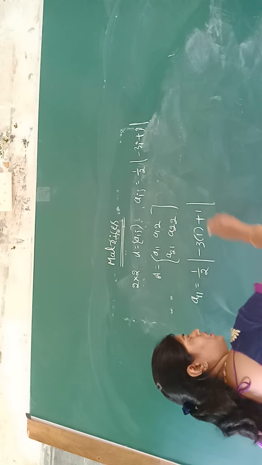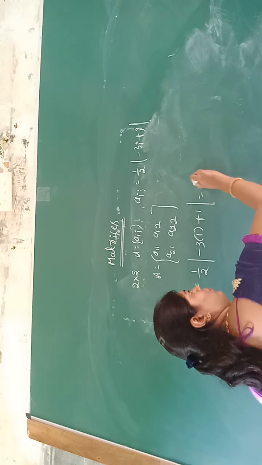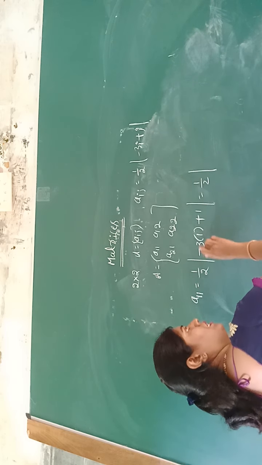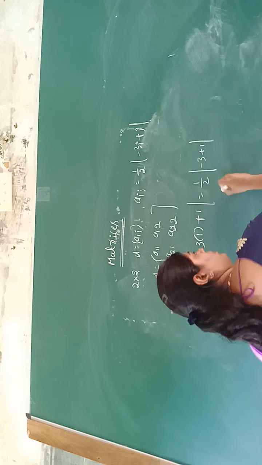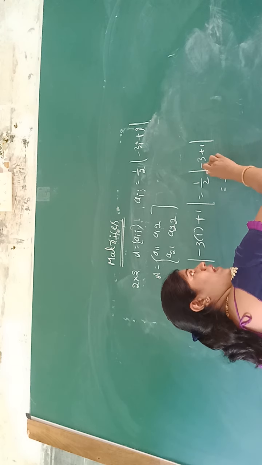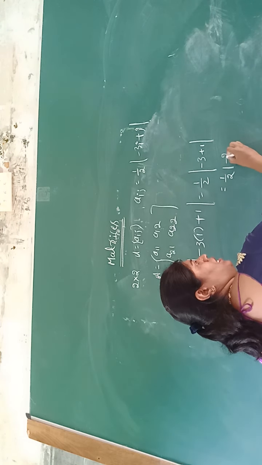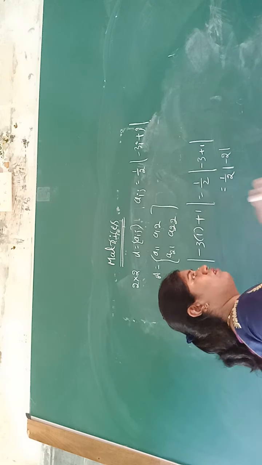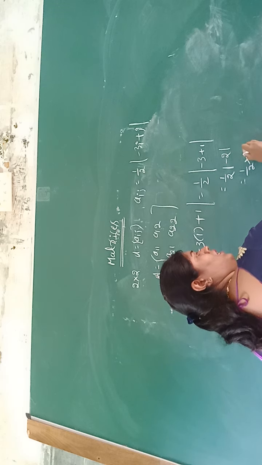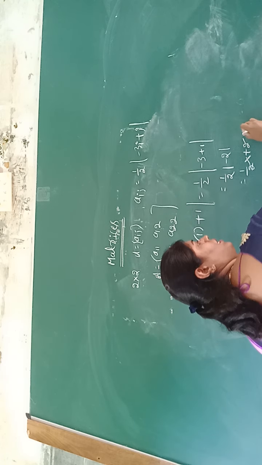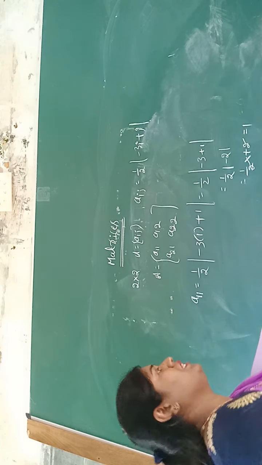Close this modulus. So 1 by 2 modulus of minus 3 plus 1, which is 1 by 2 modulus of minus 2. We have already discussed in our first year PUC that the modulus of minus 2 is going to be plus 2. So the answer for A11 is 1.